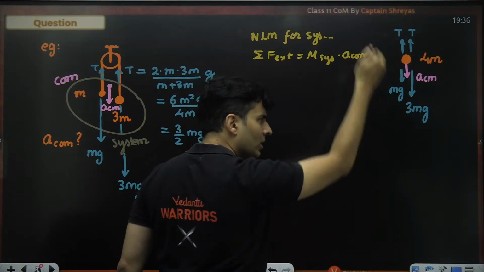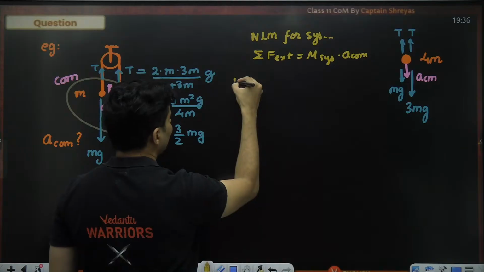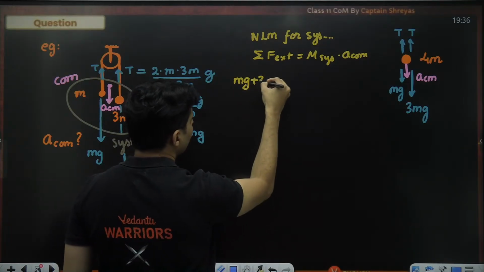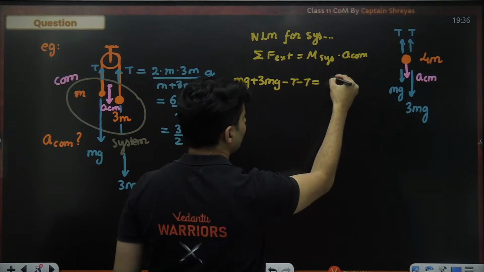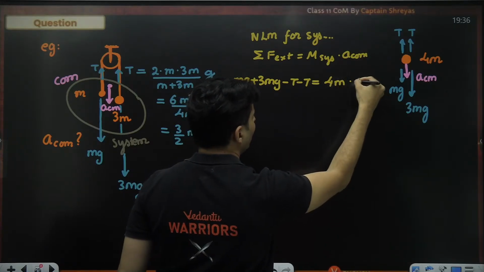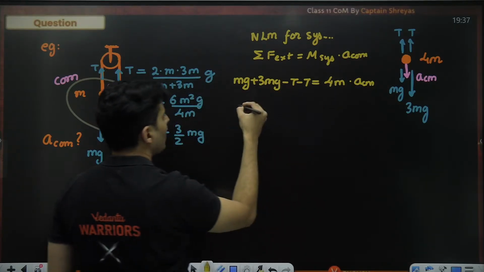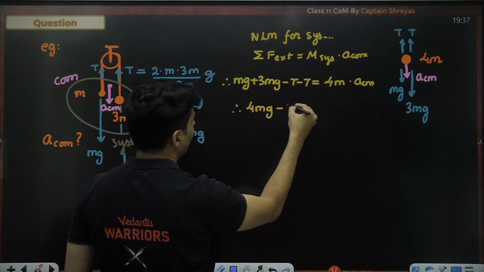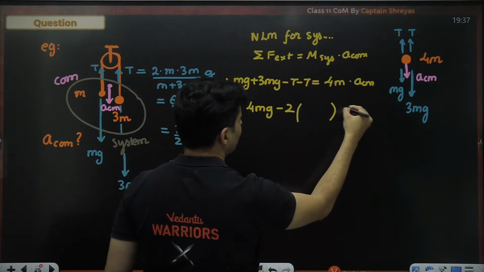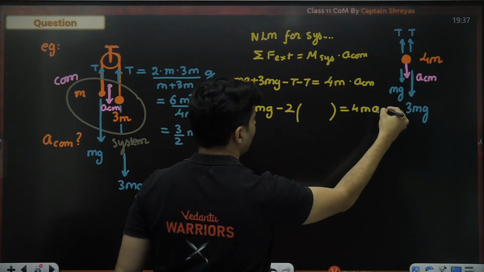Center of mass is going down, so downwards will be positive. So mg plus 3mg minus T is equal to total mass, which is 4m, into ACM, since I do not know what the acceleration is. So this becomes 4mg minus 2T is equal to 4m ACM.